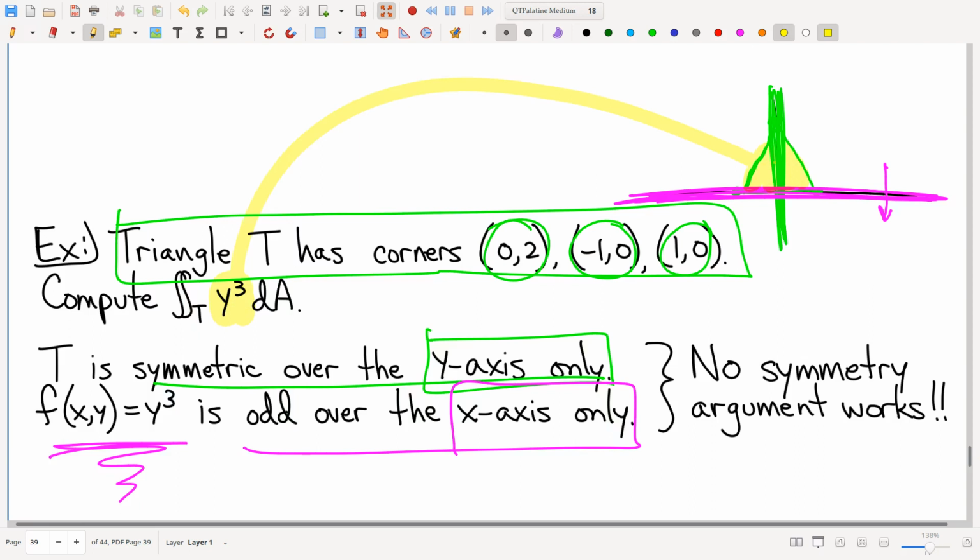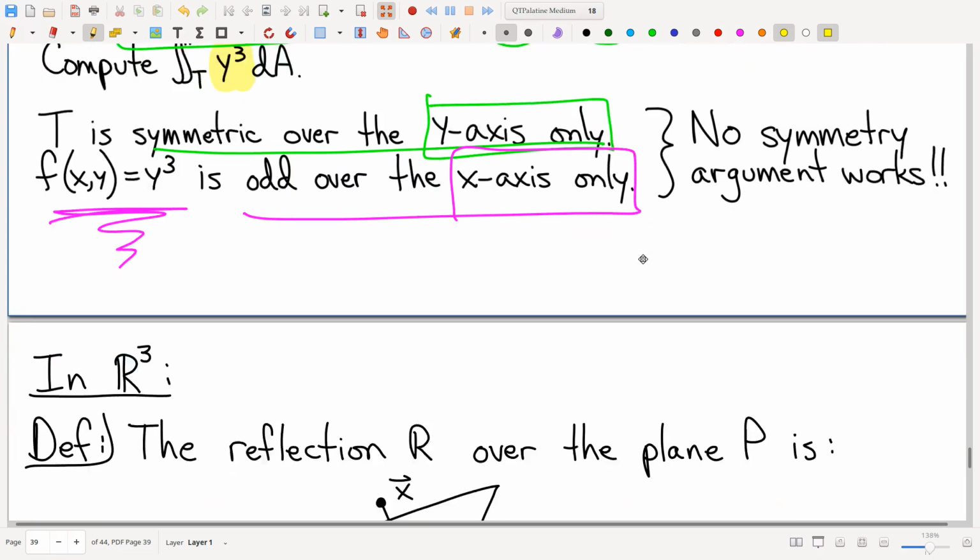Y is never negative on this entire domain, so y cubed is never negative. There can't be cancellation if the integrand is never negative. So there's definitely not a symmetry argument. Okay. Please be careful. Otherwise, symmetry all you like.